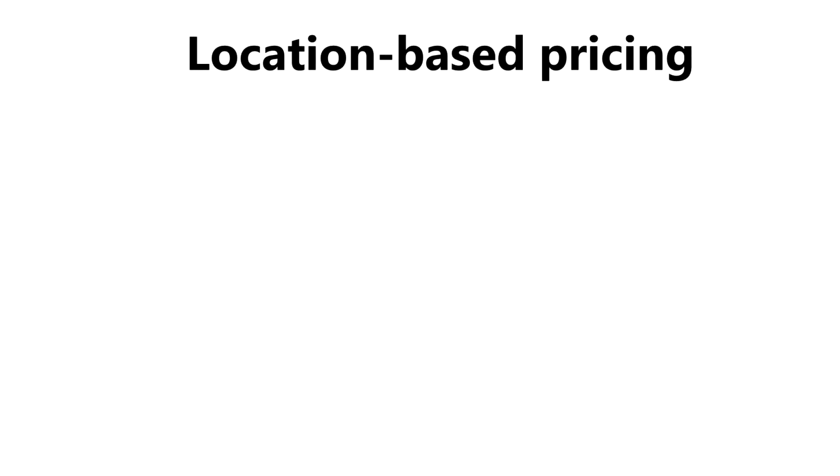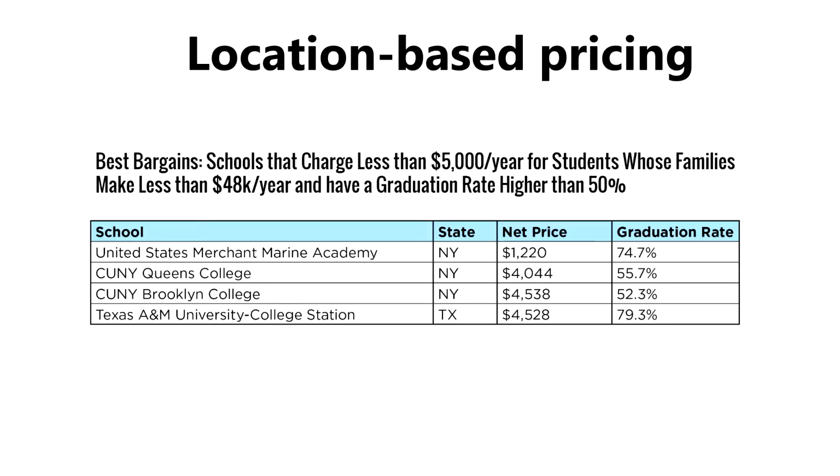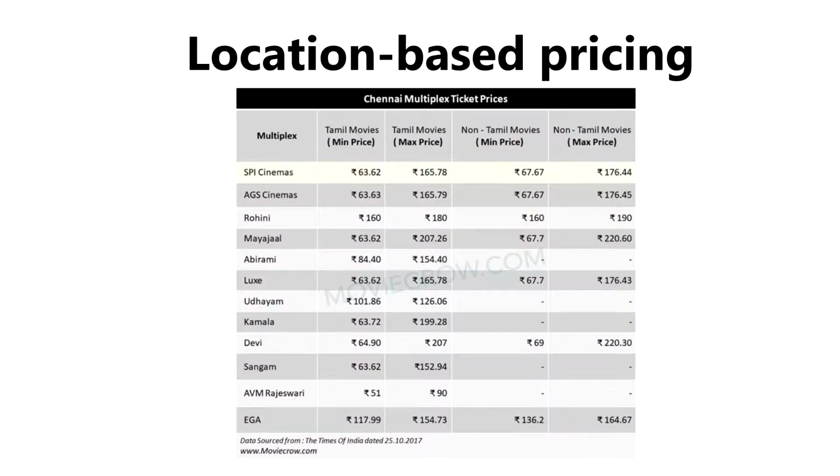The third one is location-based pricing. Under here, firms charge different prices for the same products but in different locations. For example, State University charges higher tuition for out-of-state students, and theaters vary their seat prices because of audience preferences for certain locations.